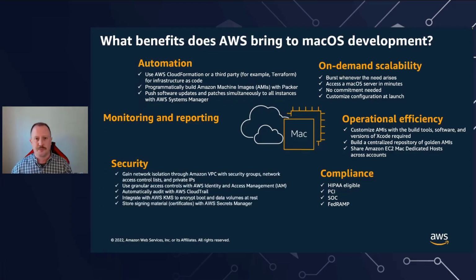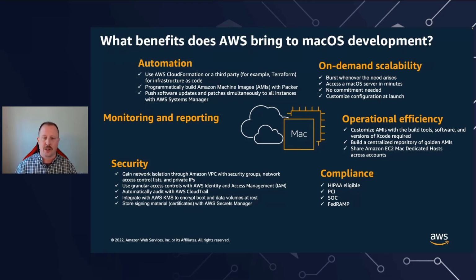Security is also a big one, right? We have Amazon VPC, so firewalls, stateful, stateless, NACLs and security groups, AWS IAM for really granular control over which developers are allowed to launch instances, which developers are allowed to terminate instances, and when they can do that.